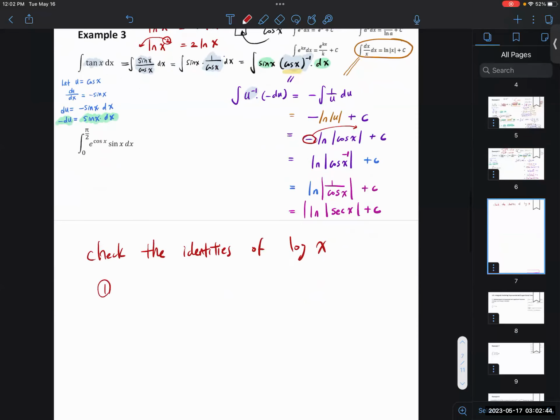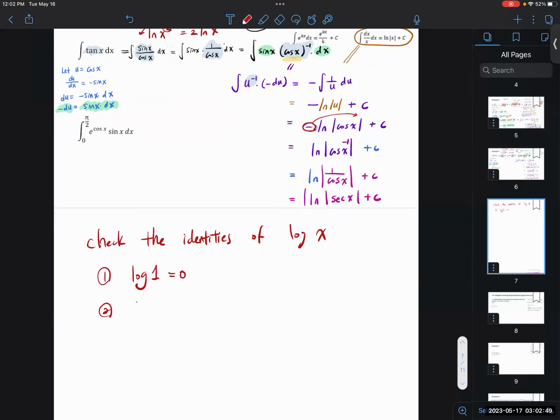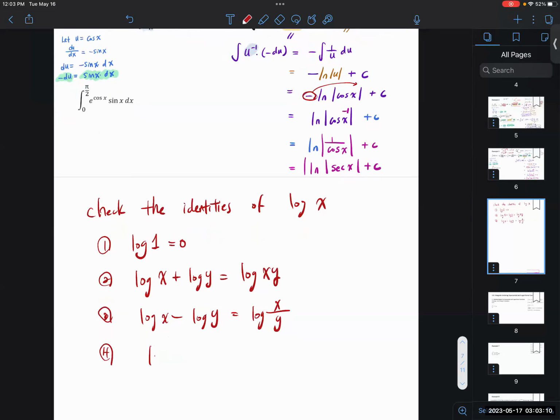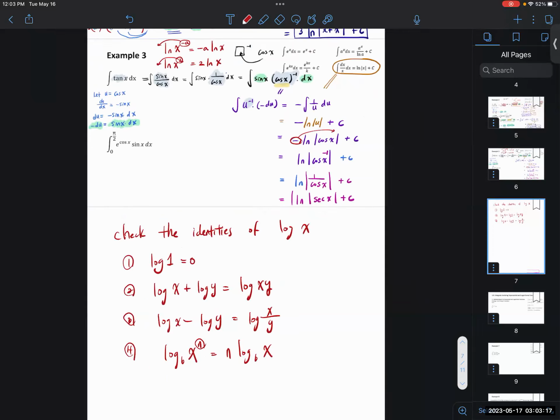For example, log 1 is always 0. Second, log x plus log y, you can multiply, correct? If you remember log x over y, log x minus log y, as long as you have the same base, log x over y. The last one, log base x to the n, you can bring this n to the front. So that's actually what I did right there.